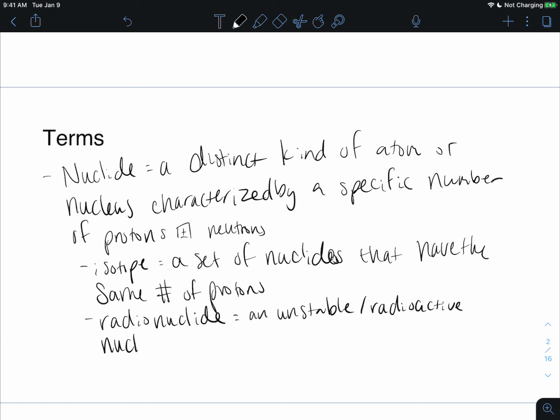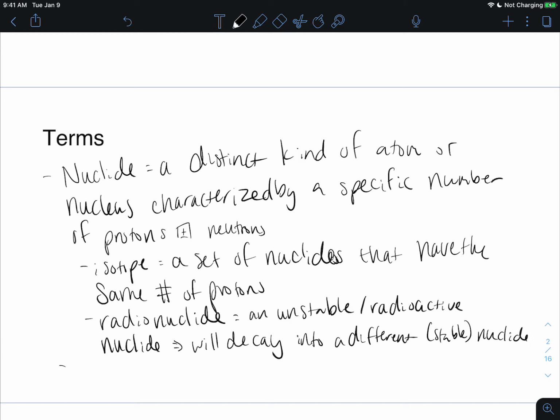Because it's unstable and radioactive, it's going to decay into a different, stable nuclide, and it'll keep decaying until it gets to that nuclide.